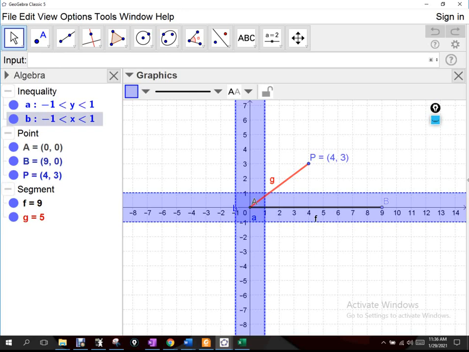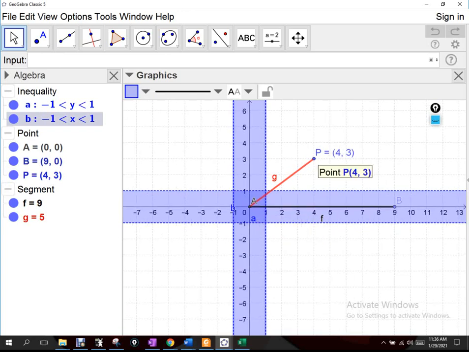Our eventual interest will be to make sure that we keep this point P inside this little square right here that has a width of 2 and a height of 2, which would be, obviously, the demarcation lines are 1, -1 on the x and y axis, and that will give us the unit circle.